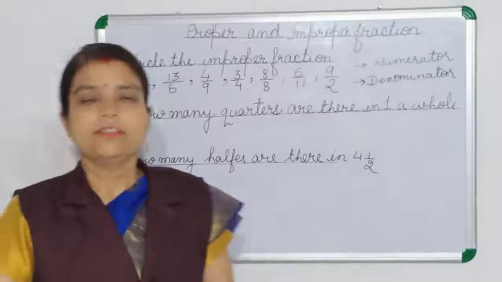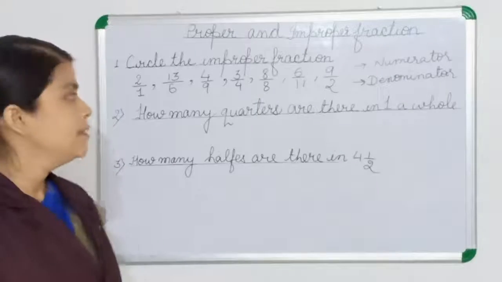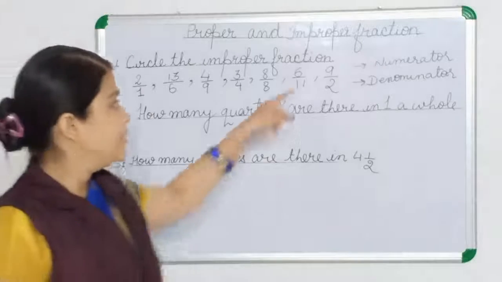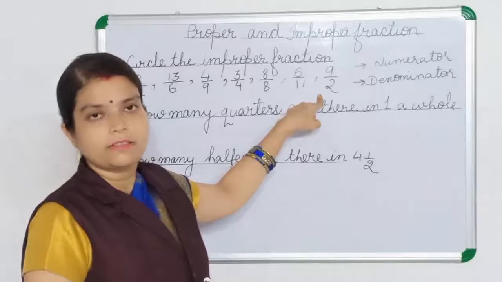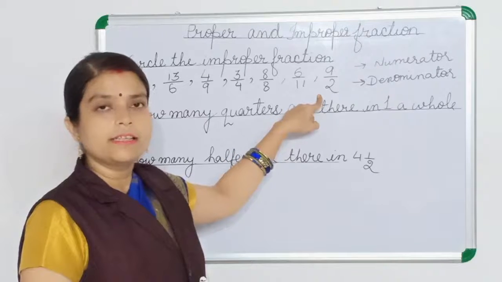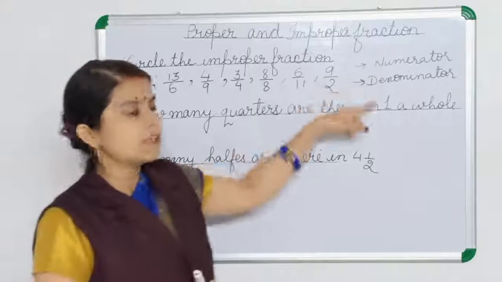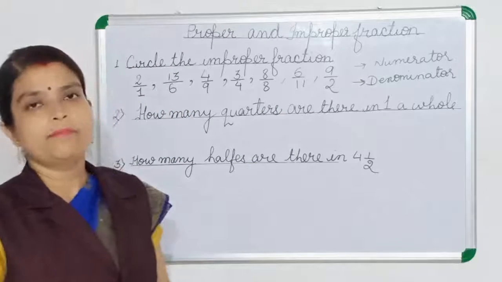When the numerator is more than the denominator, then the fraction is an improper fraction. When the upper part is more than the bottom part, then it is an improper fraction. Or when both parts are equal, numerator and denominator are equal, then also it is an improper fraction.